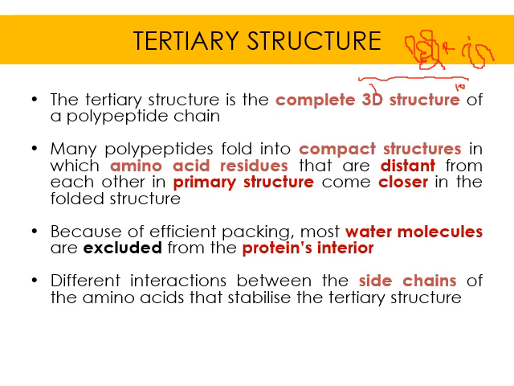Because of efficient packing, most of the water molecules are excluded from the protein interior. There are different interactions between the side chains of the amino acids that stabilize the tertiary structure.